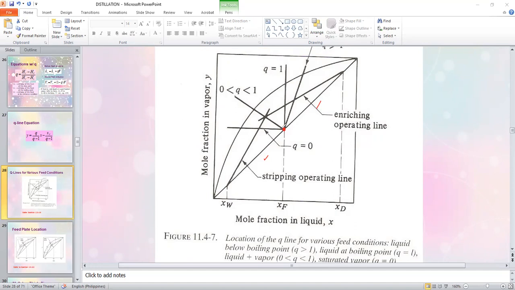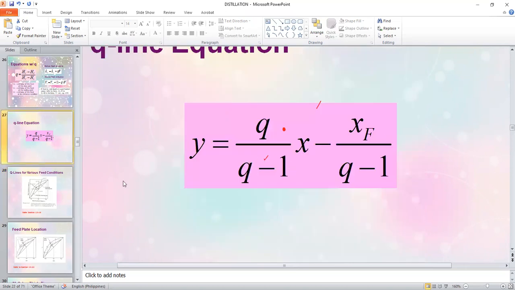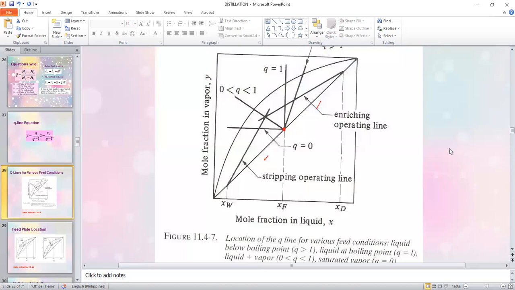And using the y-intercept or the slope of the feed line based on the equation that I have shown to you a while ago, this one or this, you plot your feed line. So for example, you have a saturated feed, so there's no need for you to determine the Q. Because automatically your feed line will be vertical and we're starting with XF.